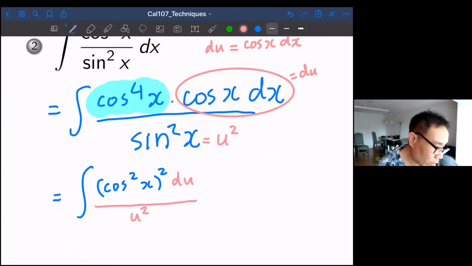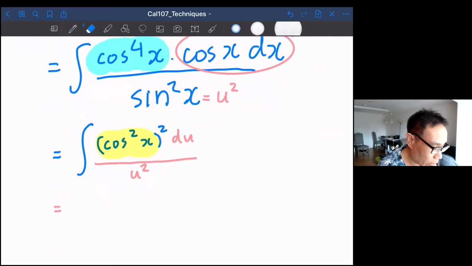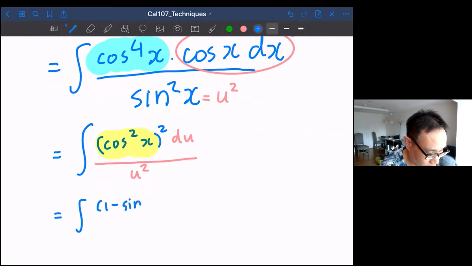Now, what is cos square? Cos square turned out to be 1 minus sine square. So it's going to be 1 minus sine square, squared, dx, not dx, du over u square.